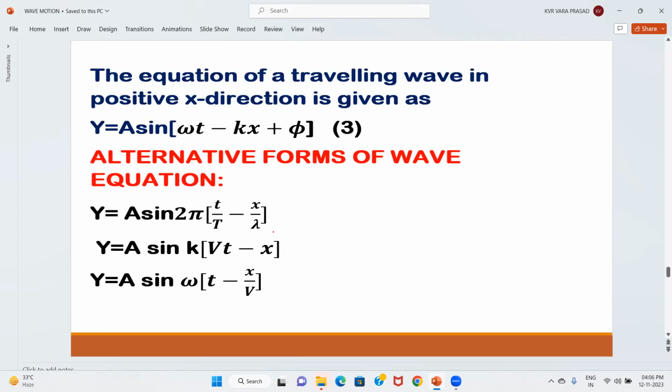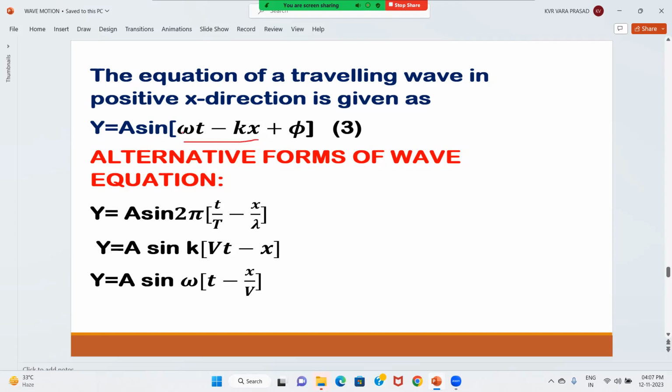Now the equation of a traveling wave in the positive x direction is written as ωt − kx + φ. Why have we taken minus here? Because along the wave, phase has to decrease.